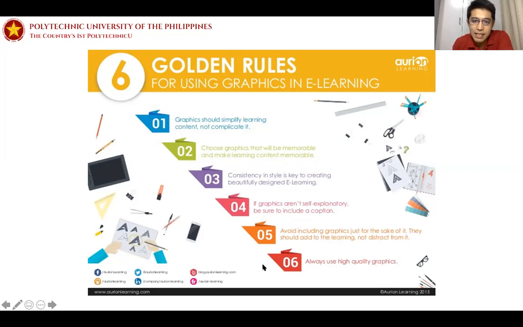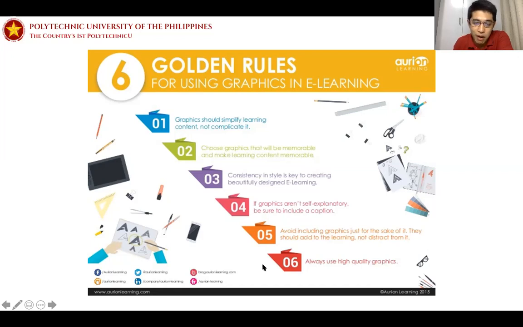Third, consistency in style is key to creating beautifully designed graphics in e-learning. We also have to know how to properly balance color, shapes, spaces, and everything. Fourth, if graphics aren't self-explanatory, be sure to include a caption.